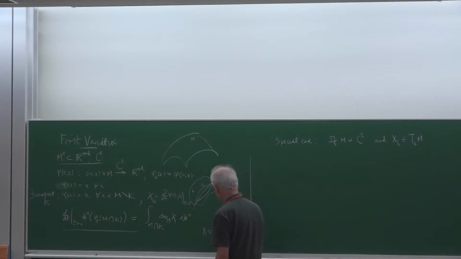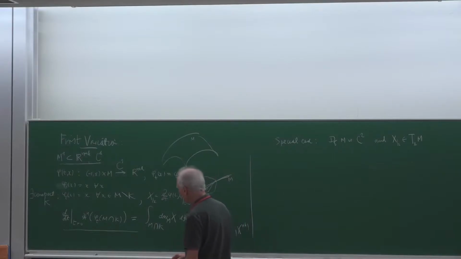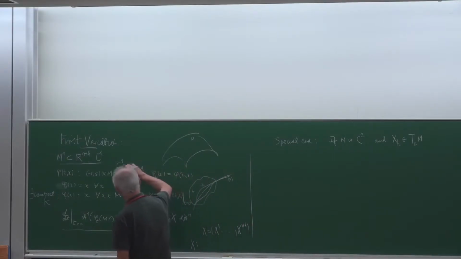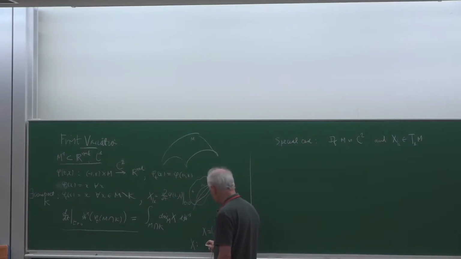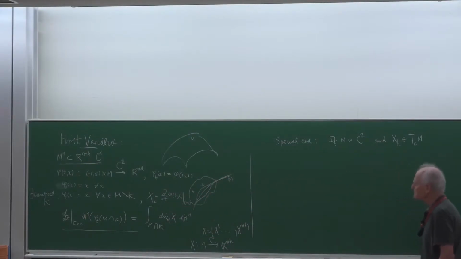X has got components X_1 up to X_(n+k). So X is a mapping, a C^1 mapping from M into R^(n+k). I should have, this is wrong, isn't it? M is supposed to be C^2 because I want the partial derivative to be C^1. And this is C^1 because phi is C^2 and we're taking a first partial to get the initial velocity vector.